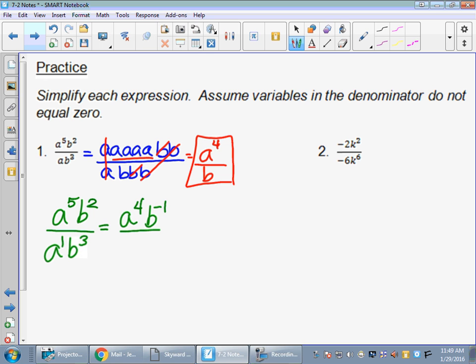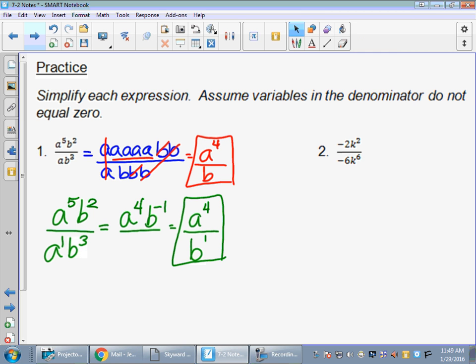So I have a to the 4th, b to the negative 1. Just to reiterate, you must subtract bottom from top, and then it always is a numerator when you do subtraction. But I can't leave my answer this way because it has a negative exponent, and you're not allowed to keep it as a negative exponent. So the last thing I'd have to do is flip the b to make it a positive 1. You can write it, and you don't have to. So our answers match.